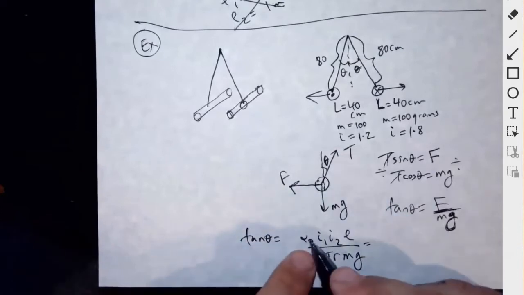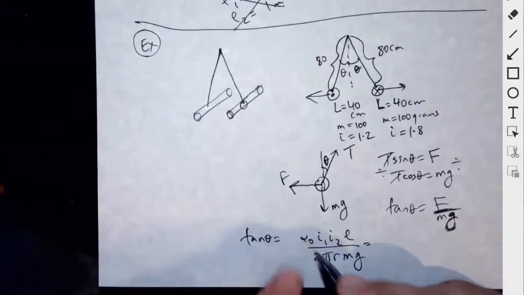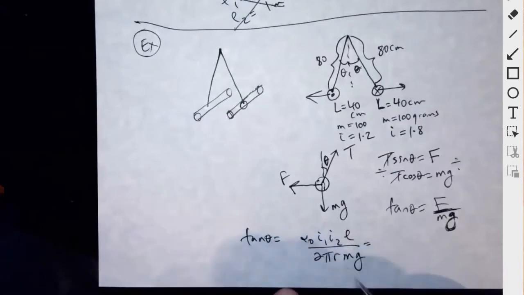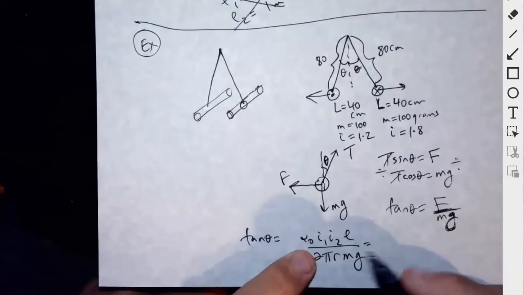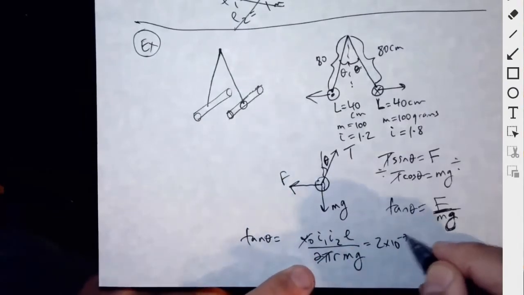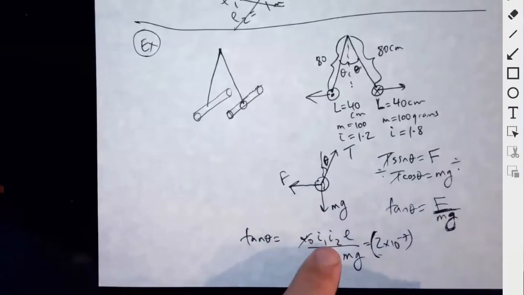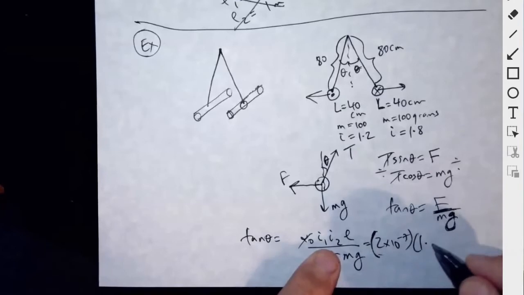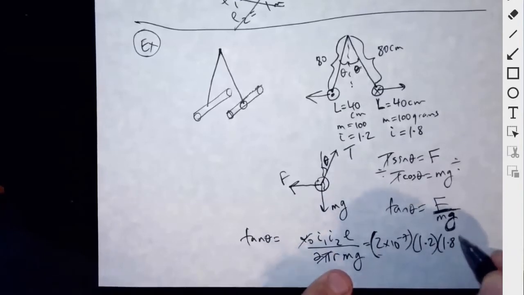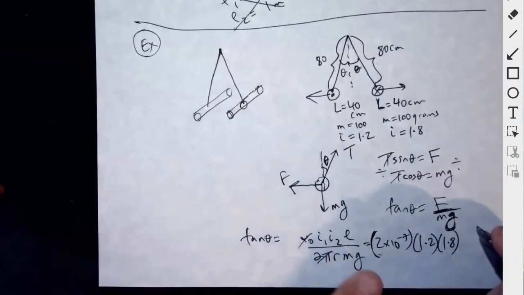So then you have 4 pi times 10 to the minus 7. 4 pi times 10 to the minus 7. Of course, those cancel. So then you get here 2 times 10 to the minus 7, right? Okay, then you have the currents. 1.2, 1.8, length, 0.4 meters.